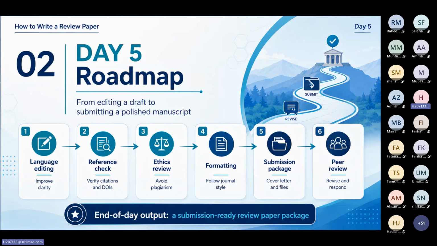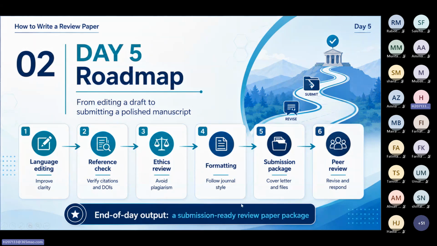A reference check, where we cross verify the references and their DOIs. Ethics review: plagiarism should not be more than 10%, I think. Mostly journals allow less than 15 or 20%, but we should keep it less than 15%.